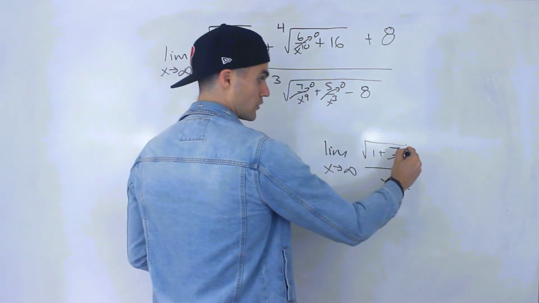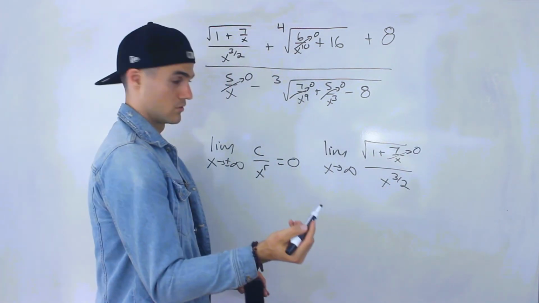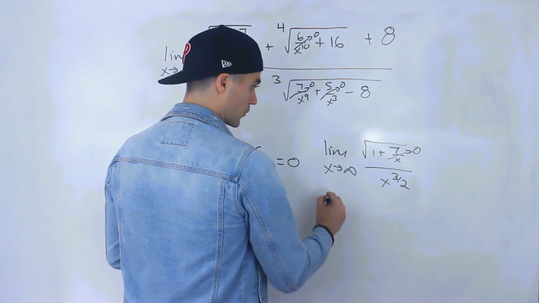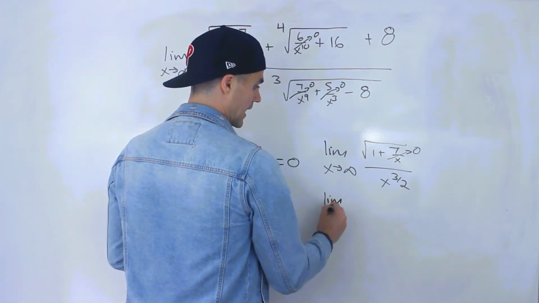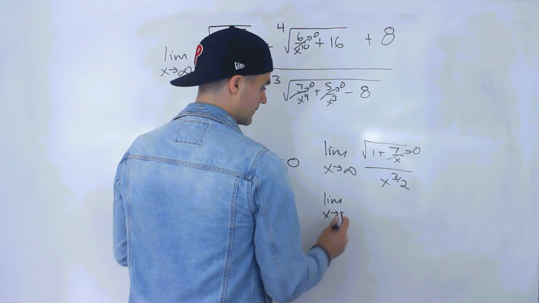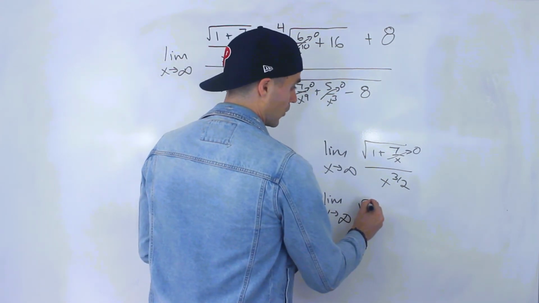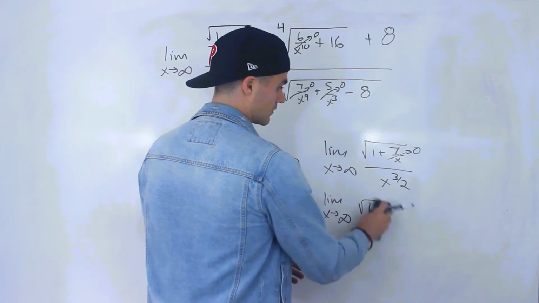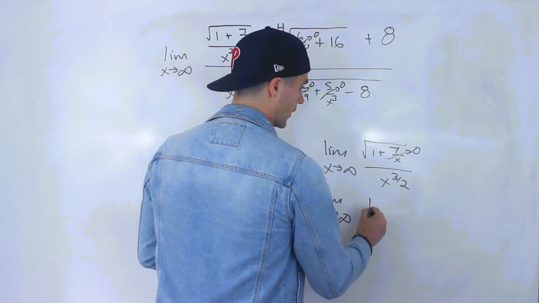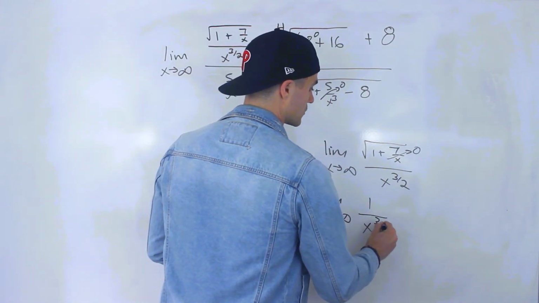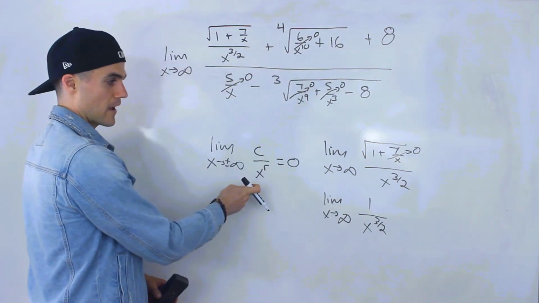Well, notice that this 7 over x is going to go to 0. And so we're going to have the limit as x approaches infinity of the square root of 1, which is just 1. So this numerator is going to go to 1 over x to the power 3 over 2, which is in this format.